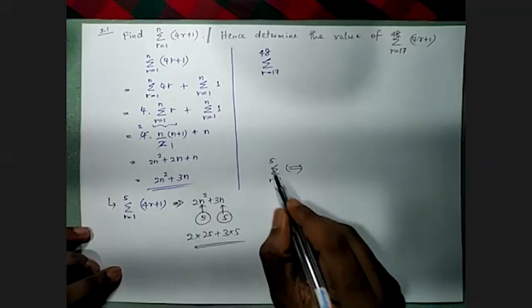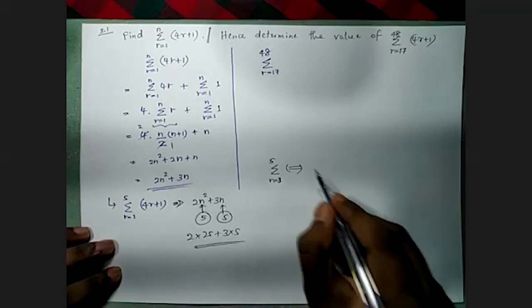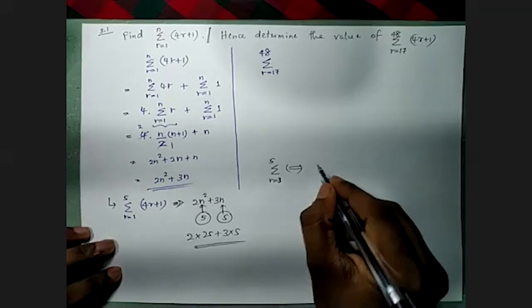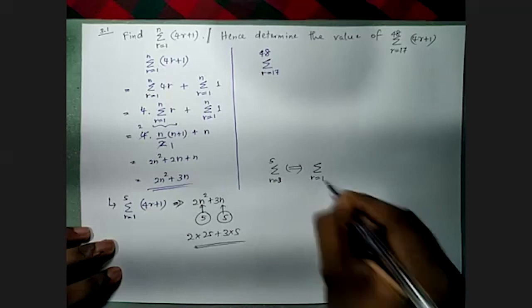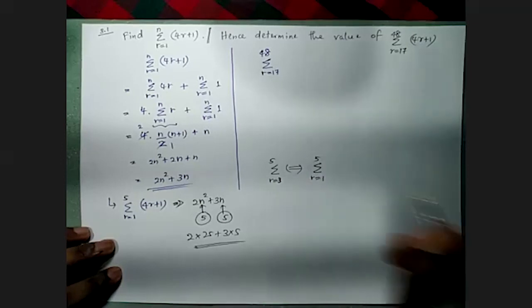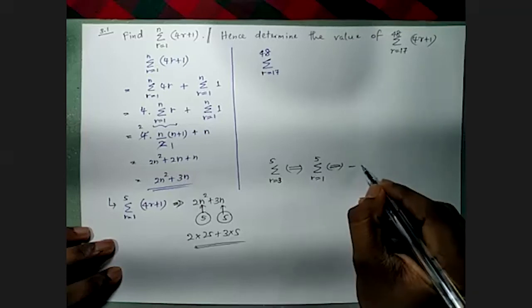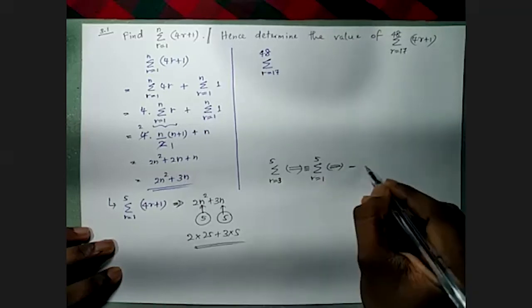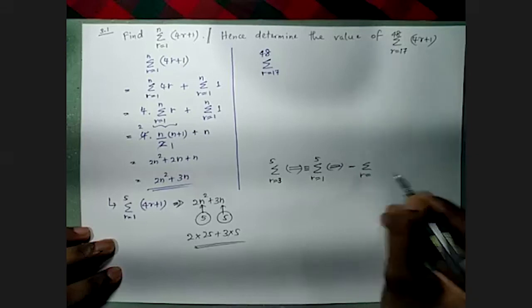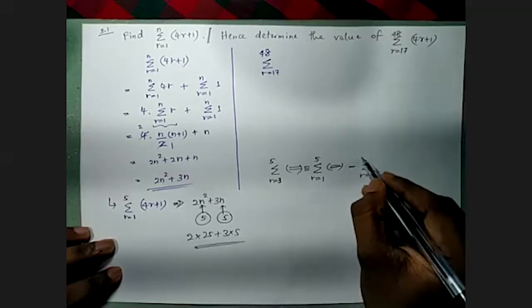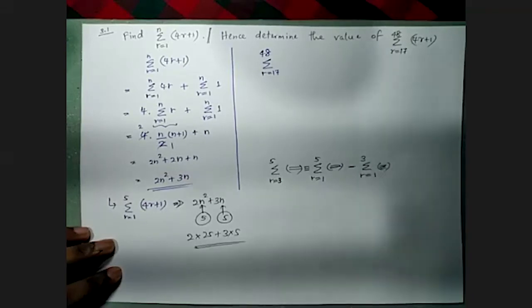Starting number is 3, finishing number 5. We can write this as r equals 1 to 5, same general term, minus sigma r equals 1 to 2, same general term.